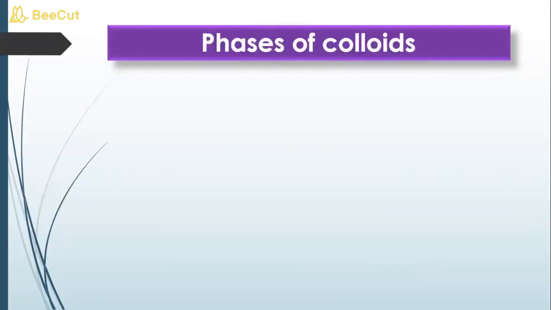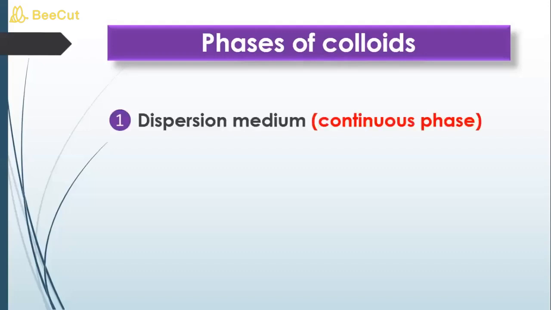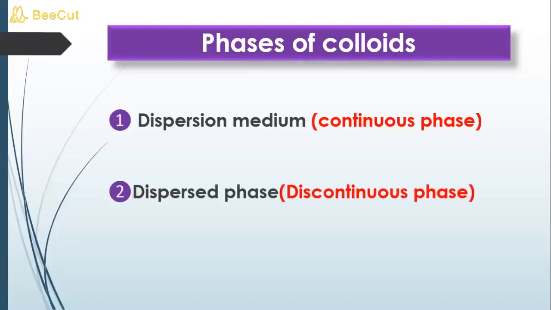Phases of colloid. Now, all of us know that colloid is a heterogeneous mixture, which means it should have two components in it. The first one is dispersion medium or continuous phase.